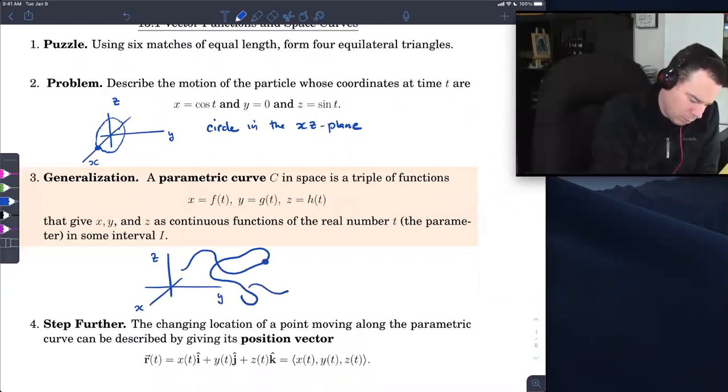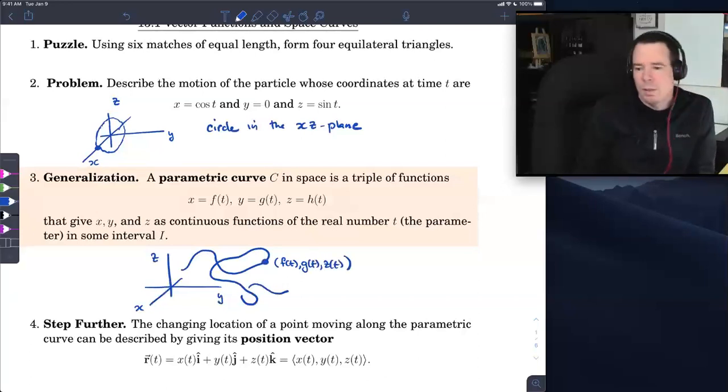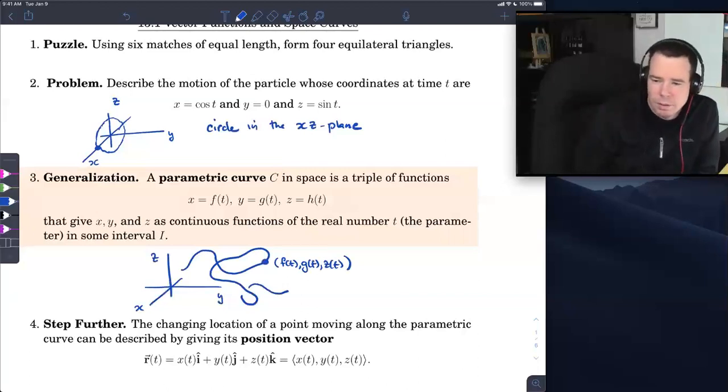So at a given point, its coordinates are given by f of t, g of t, and h of t. So that's what we are describing now, a way to construct or describe curves in space.